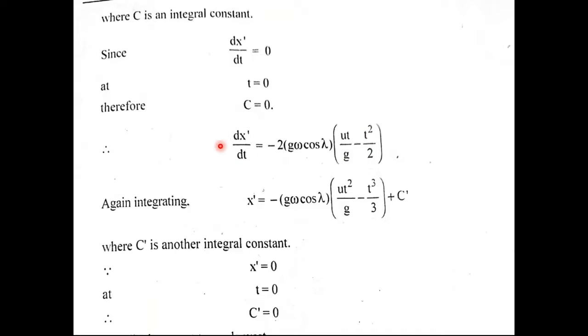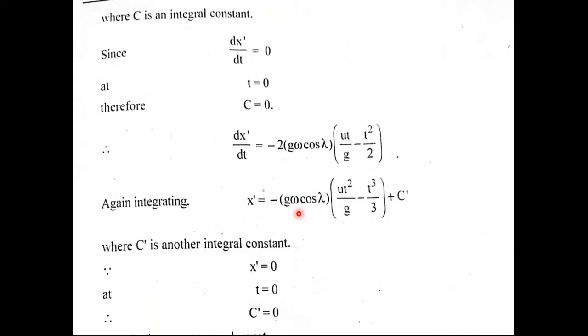Again integrating this equation with respect to t, we get x' = -omega cos lambda (u t square - g t cube by 3) + c', where c' is another integral constant.